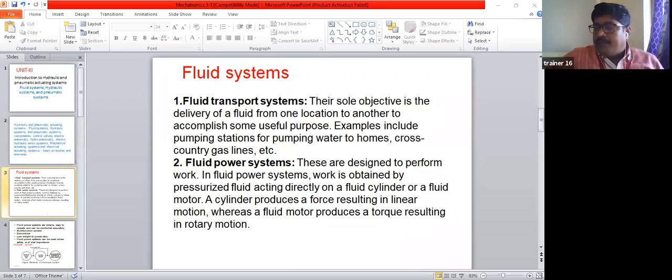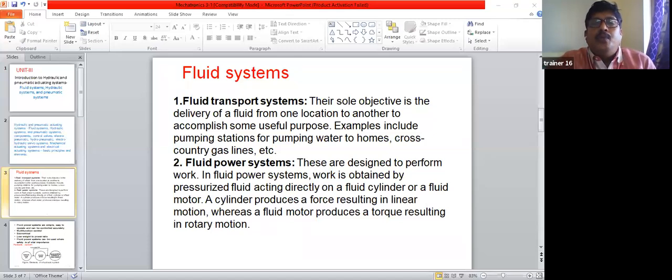The application, I will tell you in 1 minute. This hydraulic system eliminates the need for complicated systems using gears, cams, and levers.